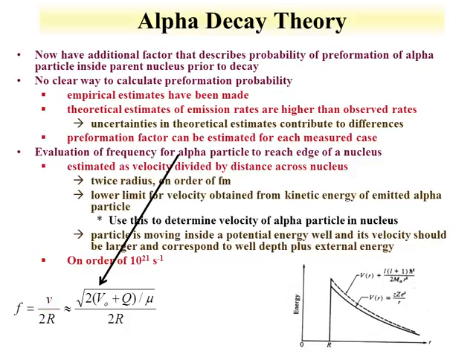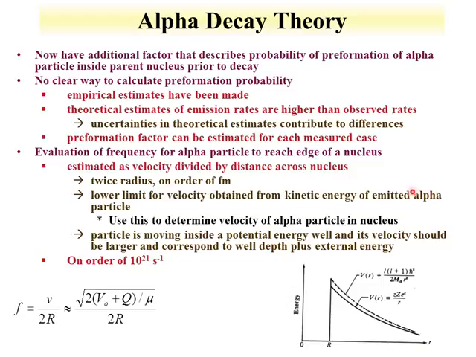It's basically related to the velocity of the alpha particle, and if we can calculate the radius of the nucleus, we've already discussed how to do that. We take twice the radius, that's a distance that the alpha particle would need to traverse, and that's on the order of femtometers. We can get information about the alpha velocity from the kinetic energy, and we can use 1/2 mv squared.